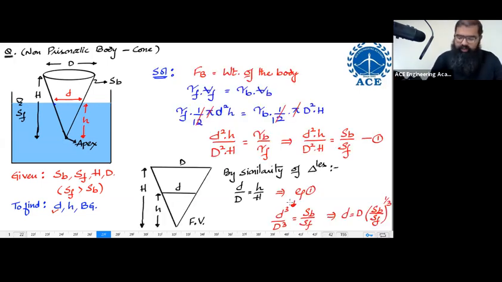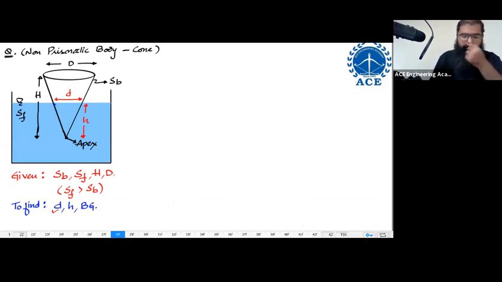In the previous slide, we have found the value of small d. Now let us look for the value of small h. We had an equation: small d square into small h upon capital D square into capital H was equal to SB upon SF.